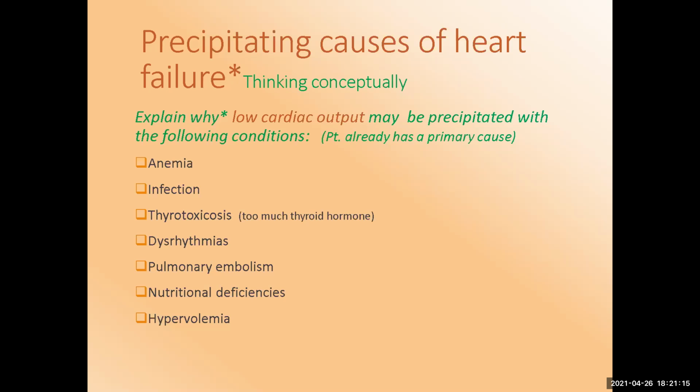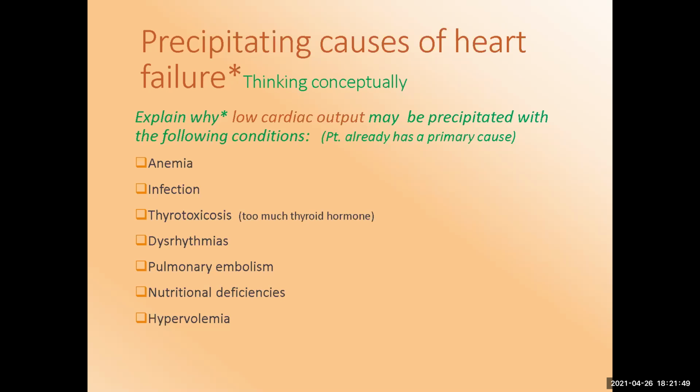What do you think is happening in the heart? If the tissues and centrally it's sensing that there's not enough oxygen going around because there's decreased red blood cells, what is going to happen in the heart? The heart's going to have to work harder. And yes, it's going to increase its heart rate. Pretty soon it's not going to be able to keep up with the demand. It affects the whole system, right?